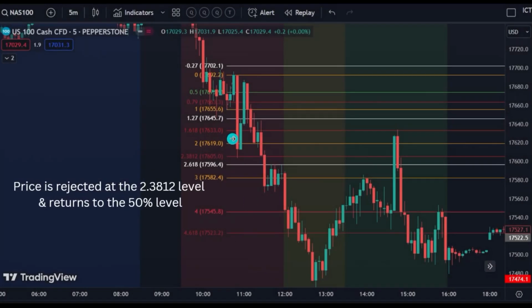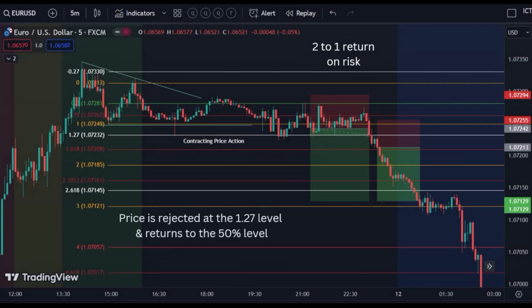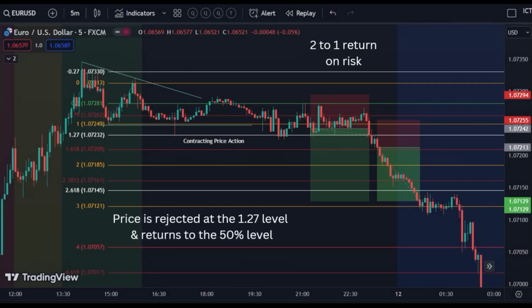And that is this one, all the way down to the 238.12, and then reverses back to the 50%. And again, since price has been cleared for takeoff, so to speak, it goes all the way down to 400 and the 461.8. This is just to show you the connectedness of all these ideas.